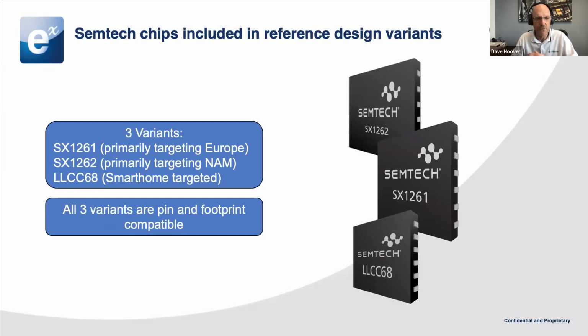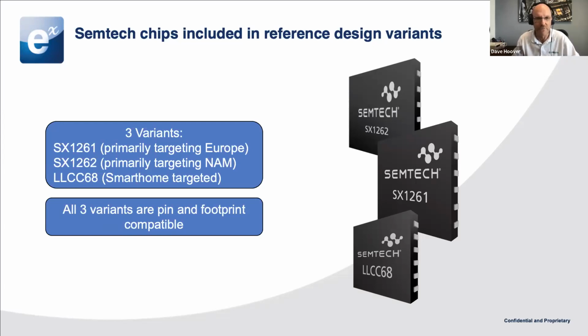The 1261 and 1262 are very, very similar. Actually, all three of these are kind of similar, but the 61 and 62 are very similar. The only primary difference between them is the allowed output power. The 62 goes a little bit higher in output power and can be used in North America. The 61 is a little bit lower output power, which allows it to be certified in Europe.